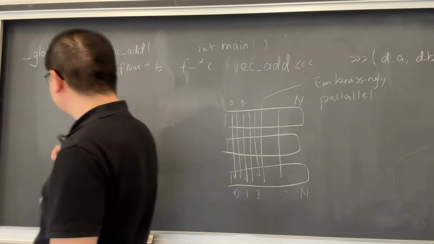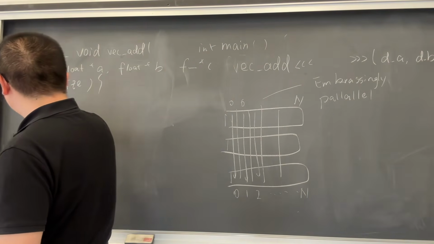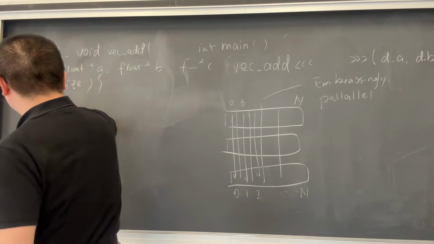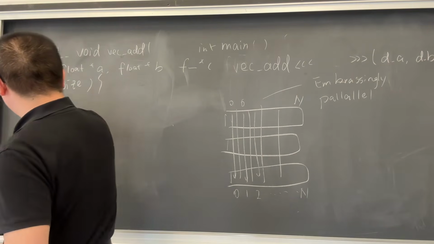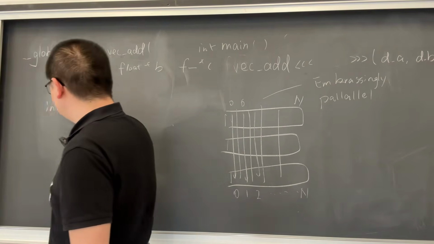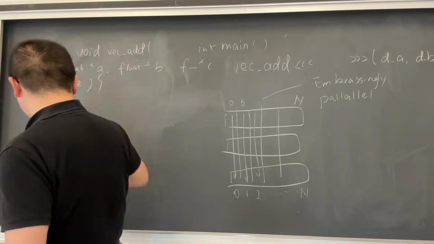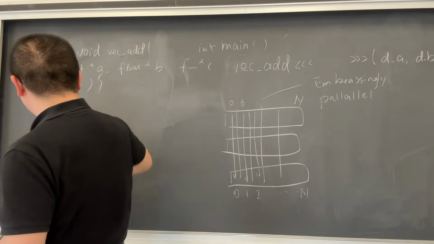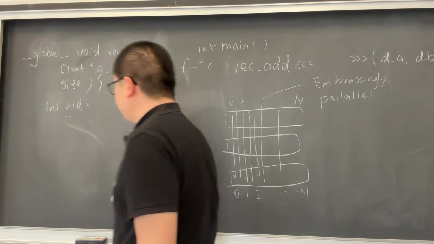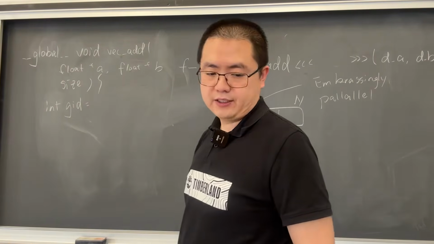And in this case, we typically start with knowing my own ID, and I call it GID, global ID. Which part is not global, we'll talk about that later. Then GID needs a little bit of calculation.